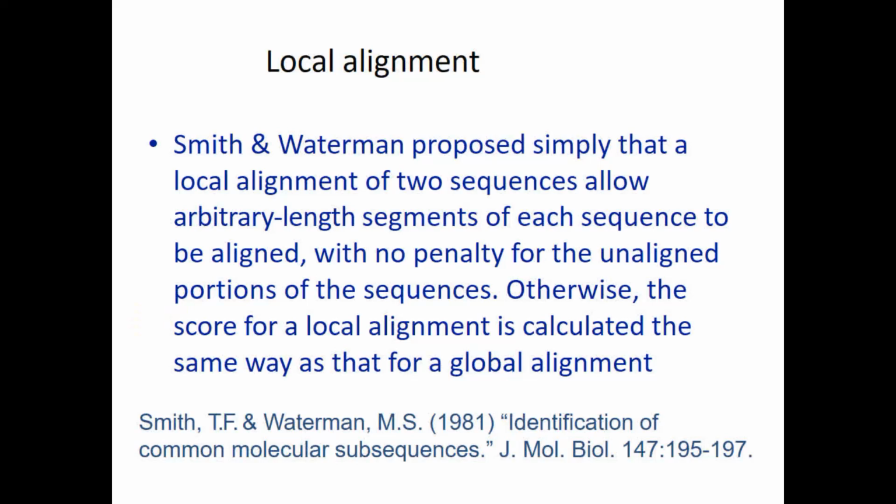In this paper, Smith and Waterman proposed that a local alignment of two sequences allows arbitrary length segments of each sequence to be aligned, with no penalty for the unaligned portion of the sequence. Otherwise, the score for a local alignment is calculated the same way as that for a global alignment. So they just did a very smart trick based on the global alignment, and it turns out that this is very useful.